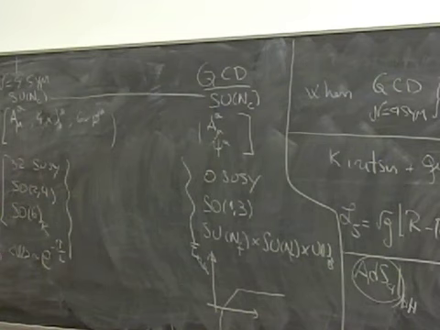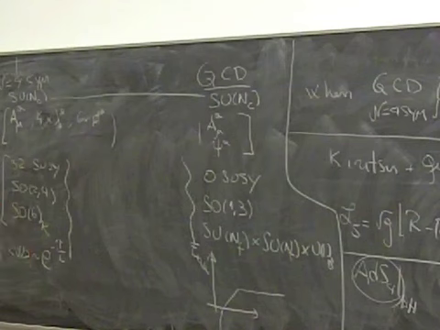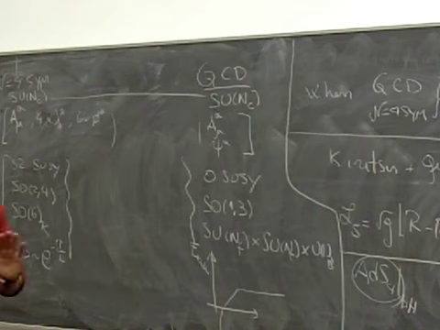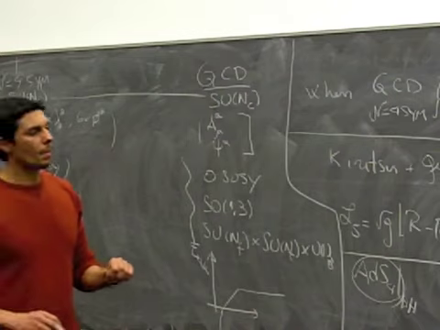So you could think about finding backgrounds of the form AdS5 cross whatever else, and they will describe conformal field theories where the number of supersymmetries will depend on what the whatever else is, and they are solutions of string theory.